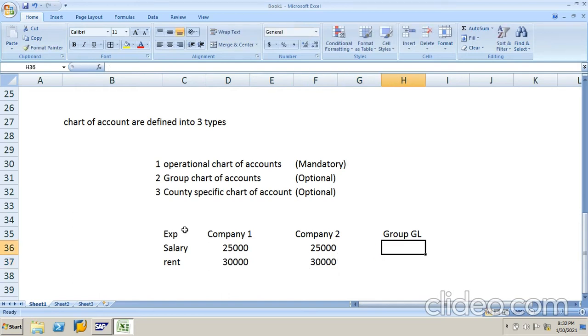So here group GL means for company, if you want to see the company code 1 salary, you have to go for the 25,000 GL. If you want to go for company code 2, again, so here I am giving the other one.